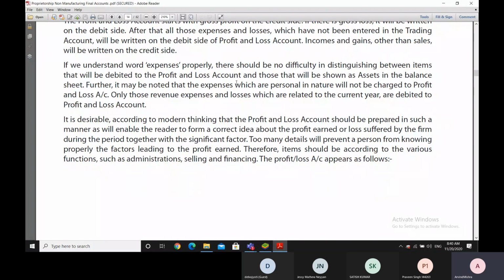Those expenditures which are spent to buy an asset, or expenditures which are personal in nature, not related to the business, will not be charged to the profit and loss account. Only the revenue expenditures and the business expenditures which relate to the current year will be charged to the profit and loss account.